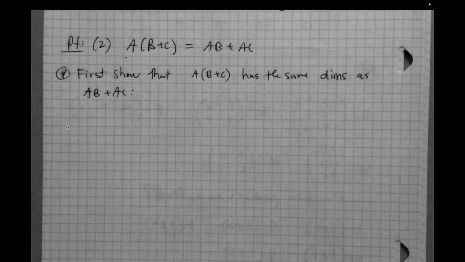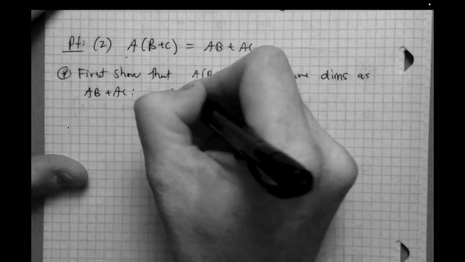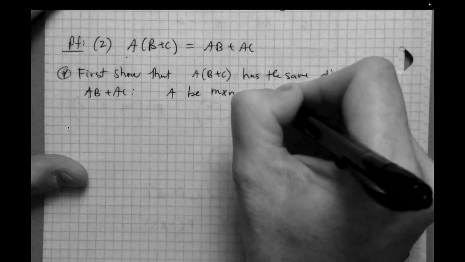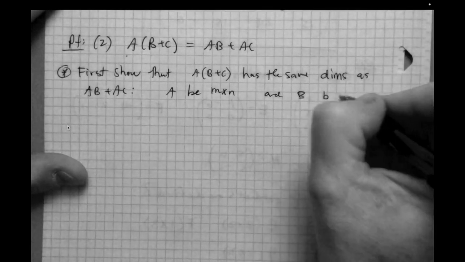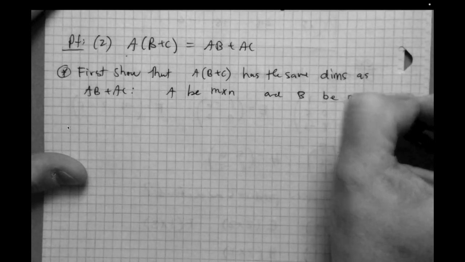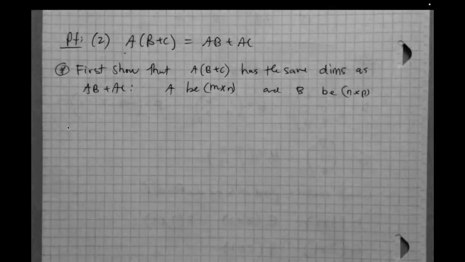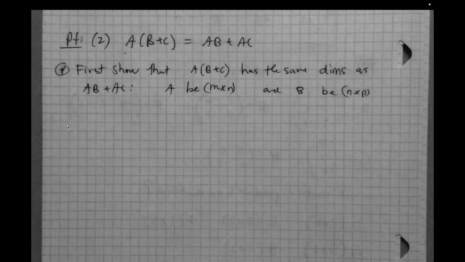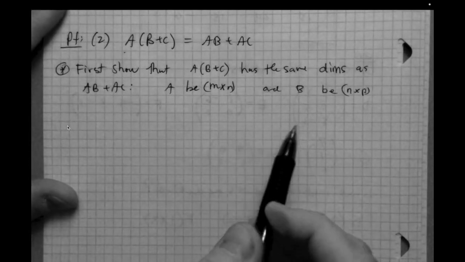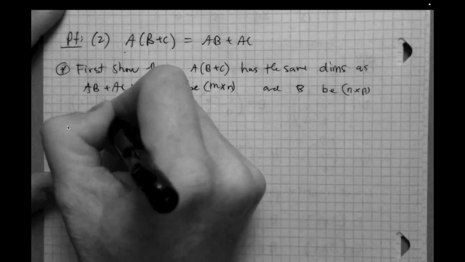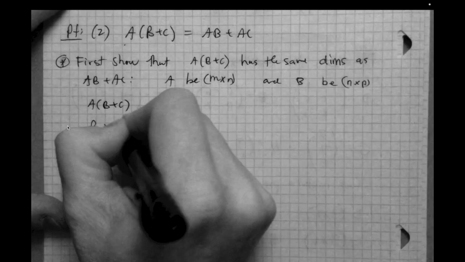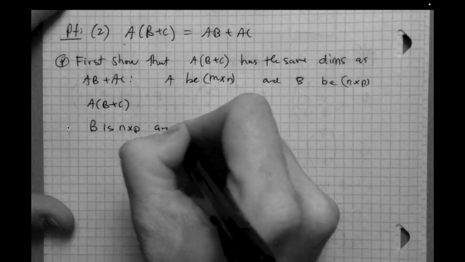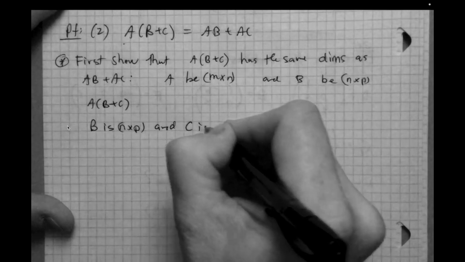All right, and so we can just kind of reason through this. It's fairly easy. We'll let A be m by n and B be n by p.